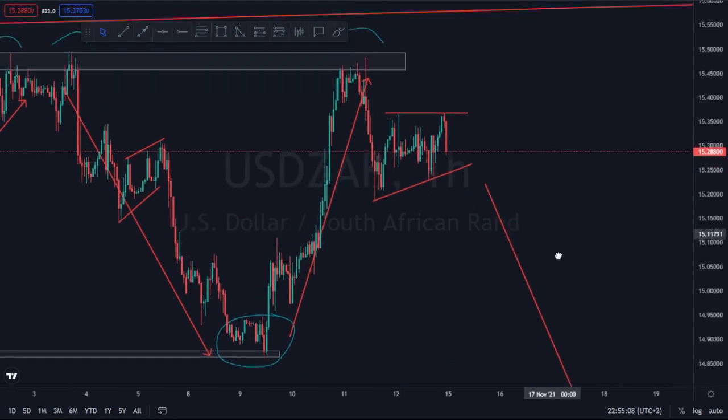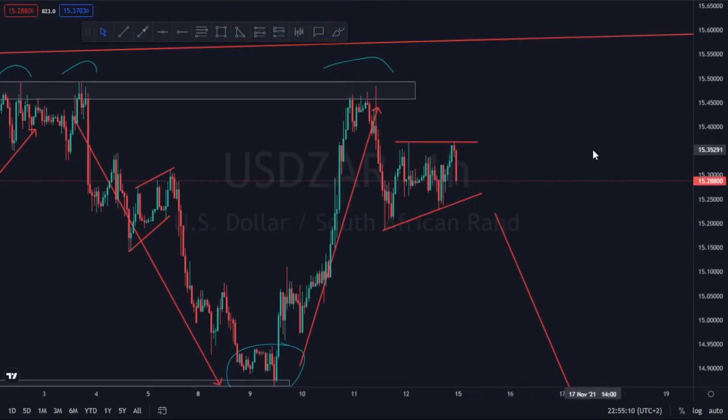If your setups don't play out or they get invalidated, you don't force the market. There's no way you can force the market. All you can do is just wait on the sidelines, because either way, you won't be in a trade, which means you are not losing money or making money, but you'll still have your account intact.